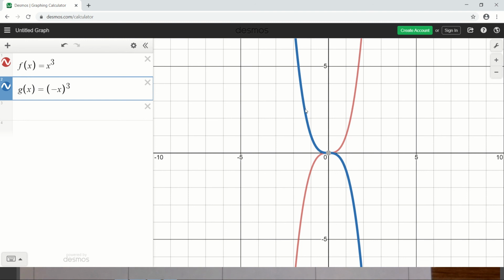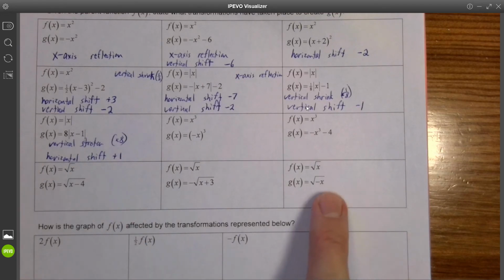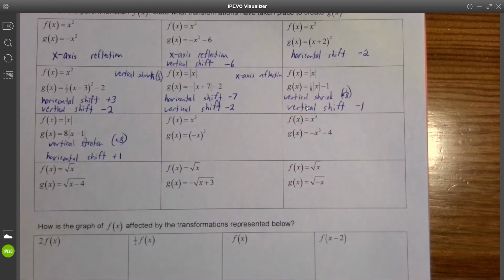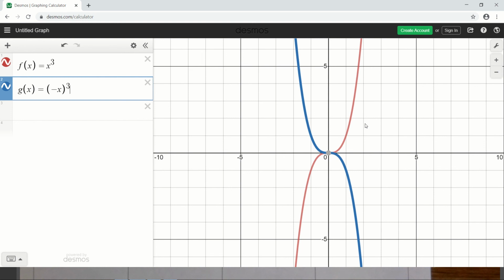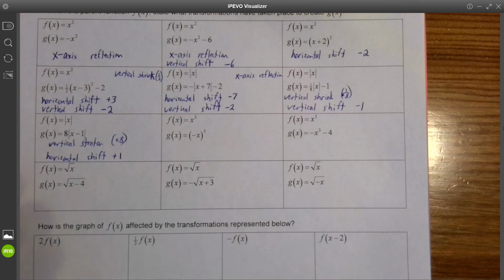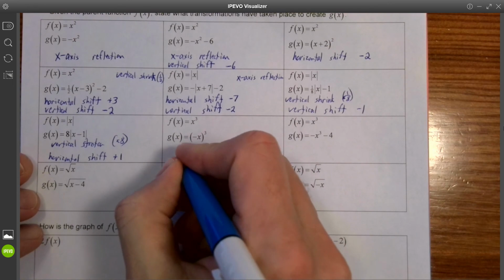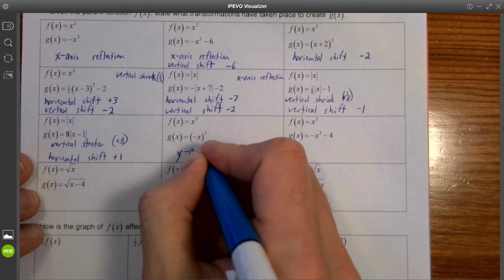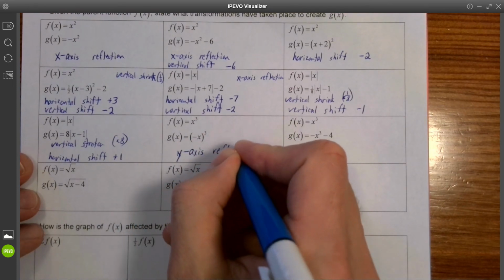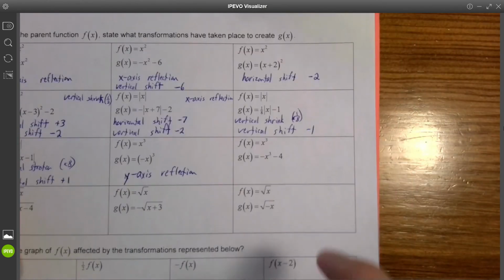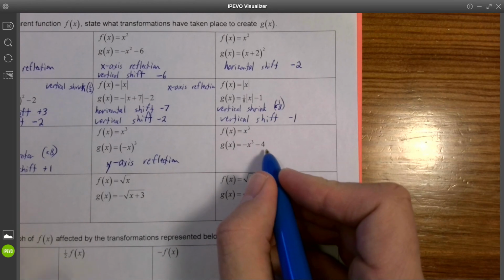Nevertheless, for the sake of where this is going and the patterns I'm going to make here, I'm going to say that this actually gives me a horizontal reflection, a reflection over the y-axis. So we're going to go back here and say that this is a y-axis reflection. Those are a little more obscure. I'm not going to put it in with my little notes down here. But there we go.